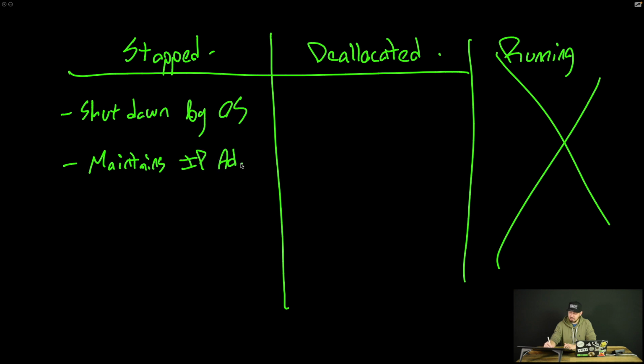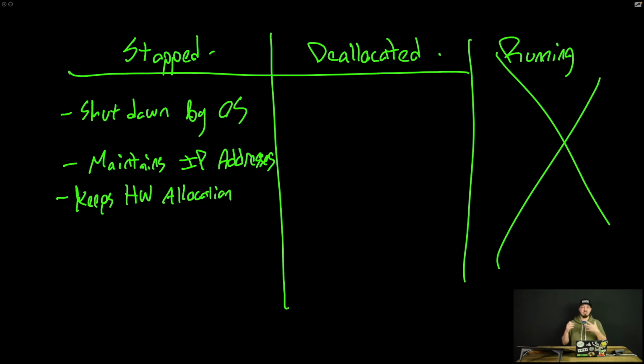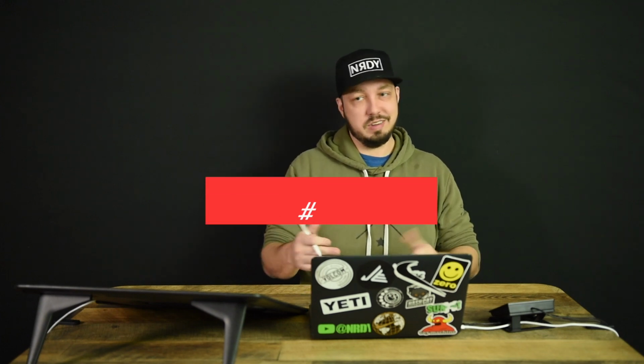And it also keeps hardware allocation. So the VM is not gone, it's still allocated to the hardware. It's just shut down. Just like if I were to shut down this laptop, it's still there, it's just shut down.